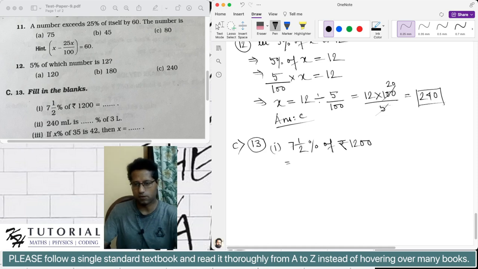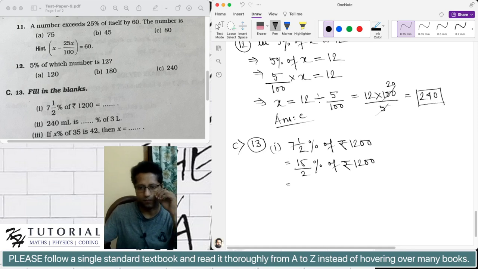Okay. Now first, whenever a percentage is given as a mixed fraction, always convert it as an equivalent improper fraction. So 7.5 means 15 by 2.